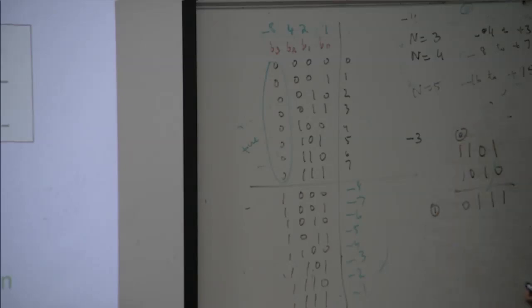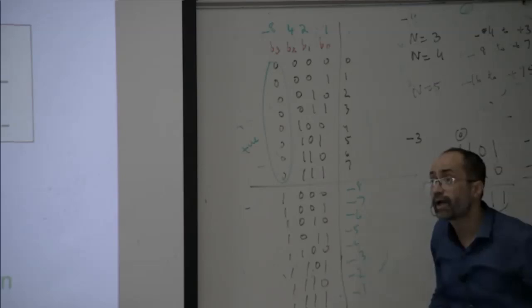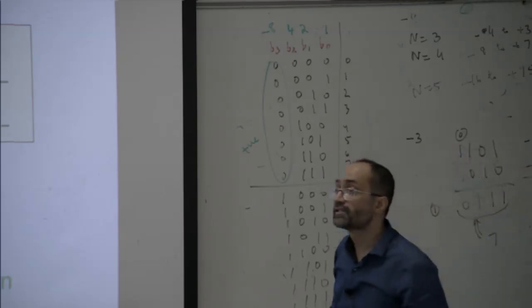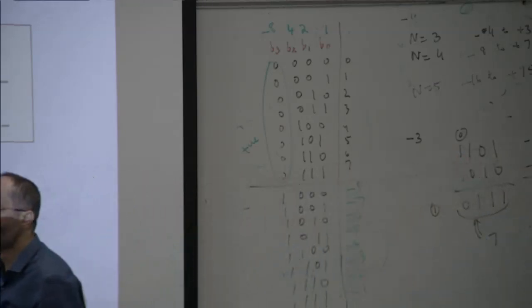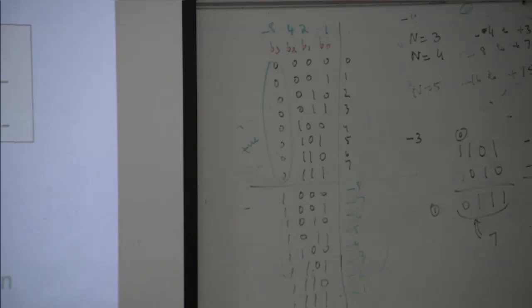Same or different? Different. Then overflow. Now, what should be the ideal answer? Minus 3 and minus 6. The ideal answer is minus 9. But 9 does not lie within the range, and if it does not lie within the range, then there is an overflow. So there are two methods to detect an overflow.